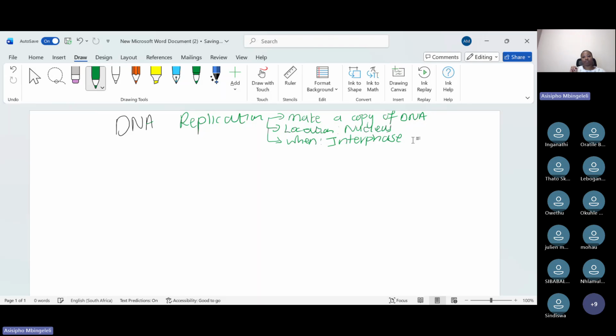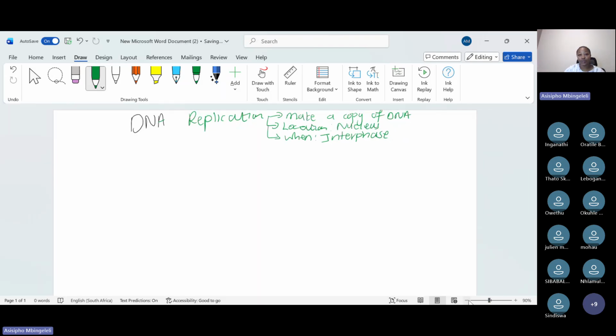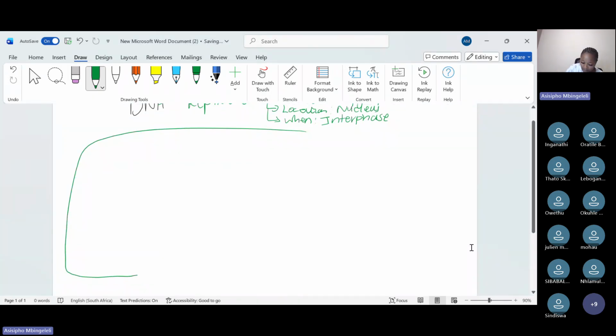So that is very important. So I'm going to draw a diagram of the nucleus, and please do the same thing that I'm doing on my side. So remember, the nucleus is found within a cell. So let me be nice and start by drawing the cell.